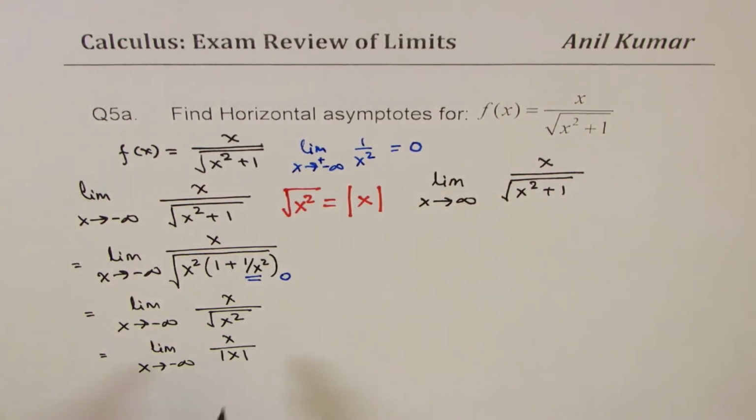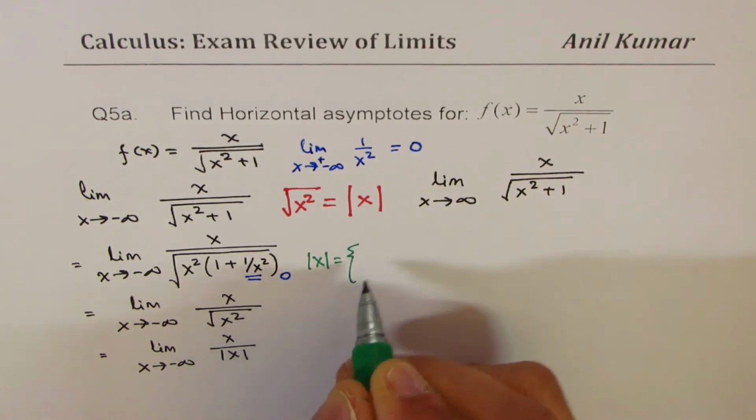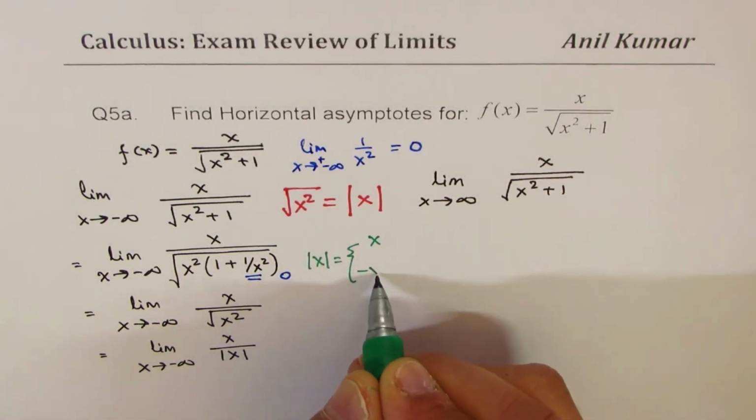Now, when x approaches negative infinity, what is the value of the absolute value of x? That's the next question you need to answer. So the absolute value of x is equal to what? Either x or minus x.